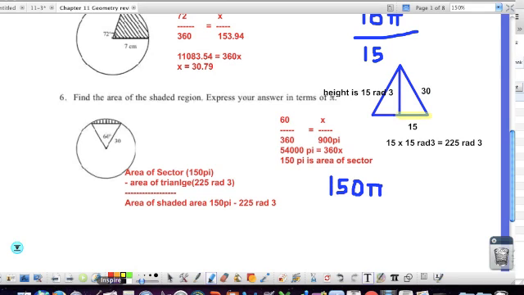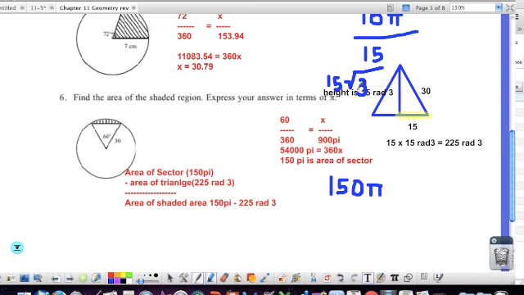This is a 30, 60, 90 degree triangle. The side opposite the 30 is 15. To get the side opposite the 60, we take 15 and multiply by radical 3, so that is 15 radical 3.